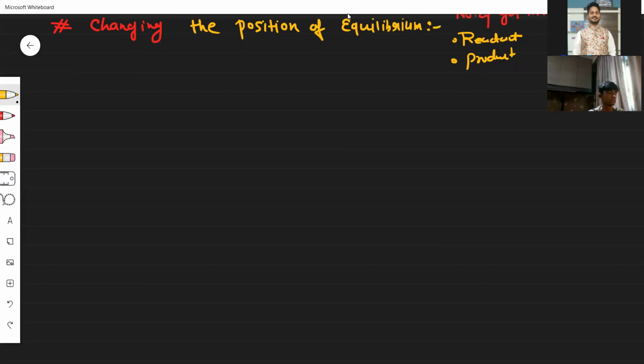Now, what is going to happen? The position of equilibrium. What is the meaning of position?